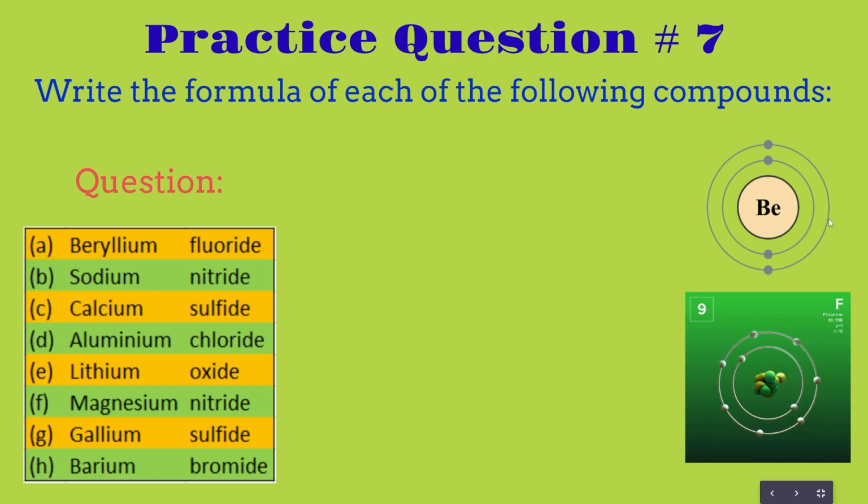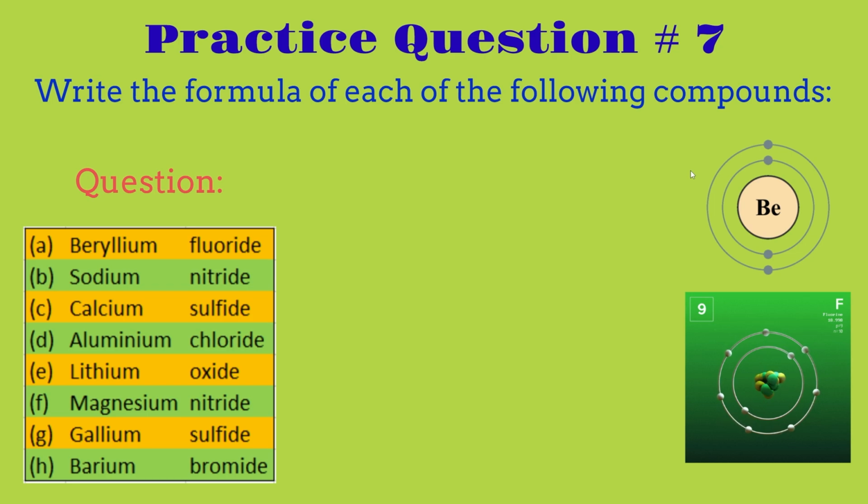We can see in the first picture that beryllium has 2 electrons on the outer shell. On the other hand, fluorine has 7 in the outer shell. These two don't combine perfectly, because beryllium has 2 to give and fluorine has to receive 1, so it's not going to match. We need to add another fluorine atom.